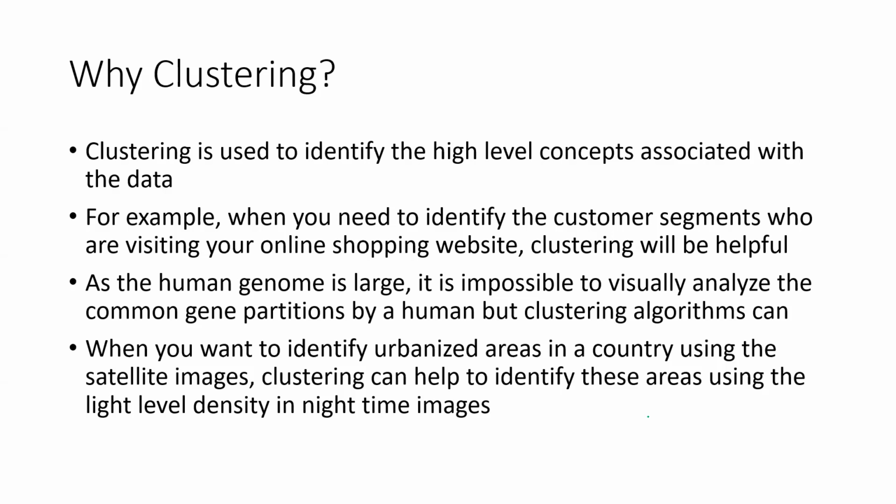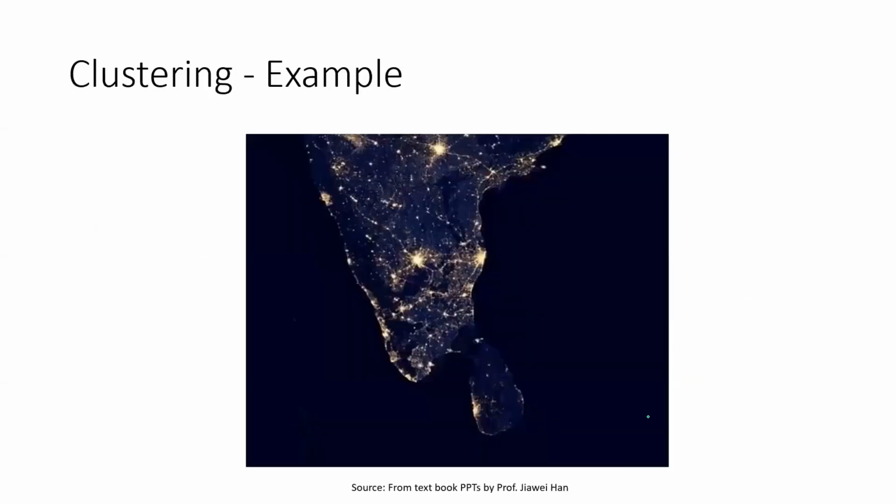And this is another requirement for clustering. Suppose you have a map, right? It is a satellite image that you have taken from space, where you can find the densely populated areas using the colors, using the lighting in each of the regions, right?